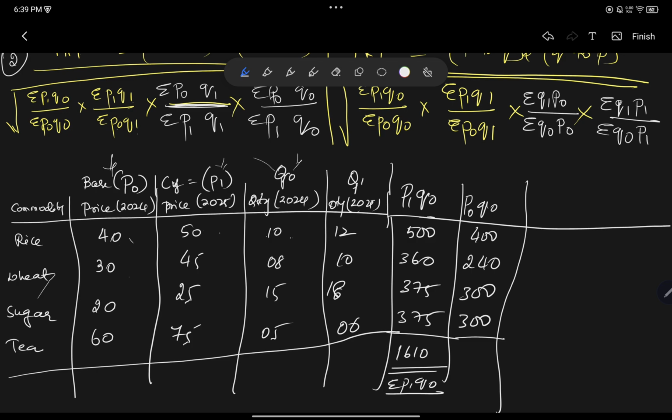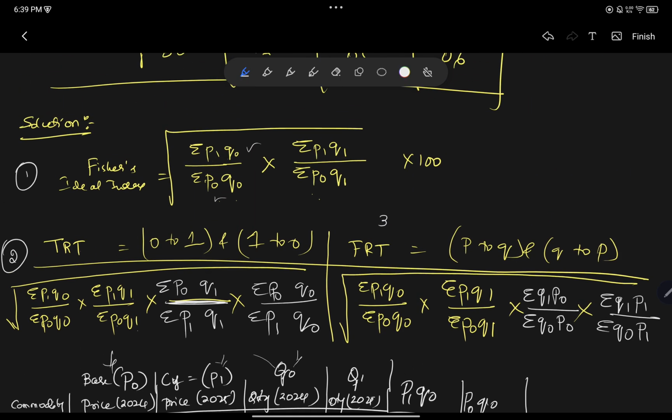So if I add up this, 400 plus 240 plus 300 plus 300, that is 1240, is summation of P0 Q0. Okay, I got the denominator also.